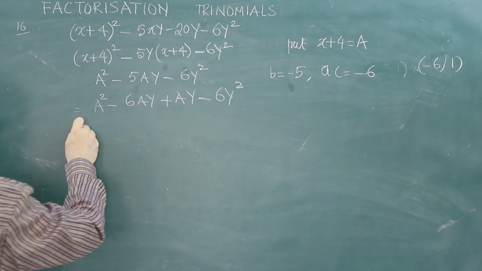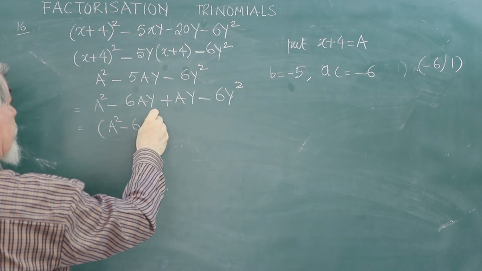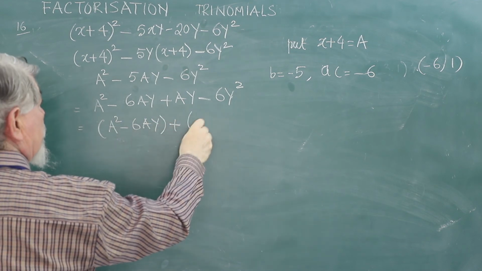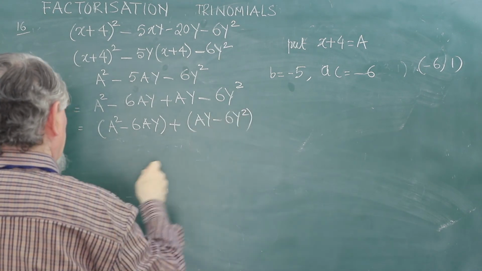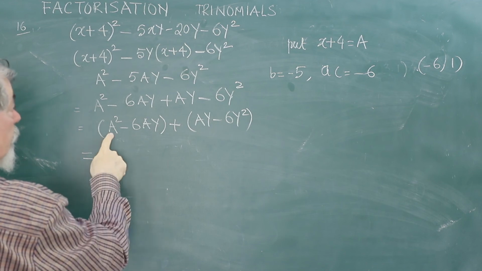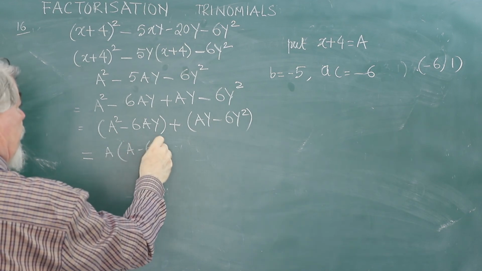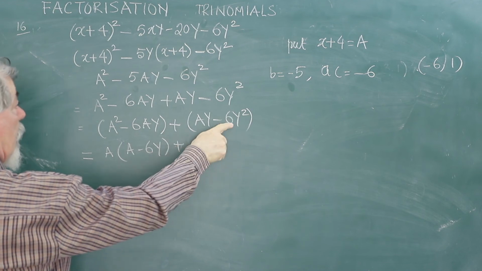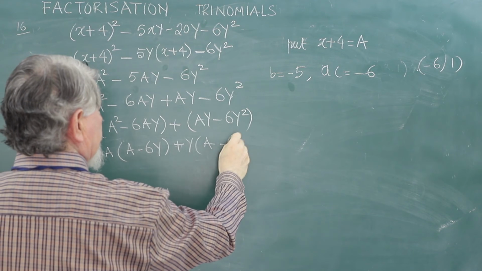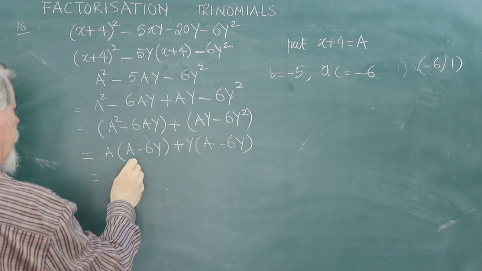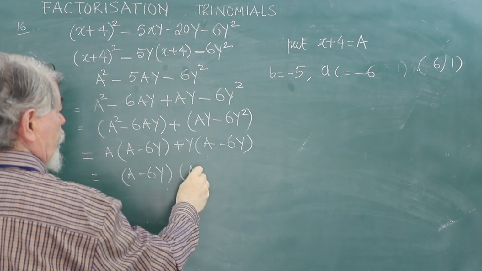First two terms, a square minus 6ay, plus ay minus 6y square. Out of the first two, a is common: a minus 6y. Out of the other two, y is common: a minus 6y. So a minus 6y, a plus y.